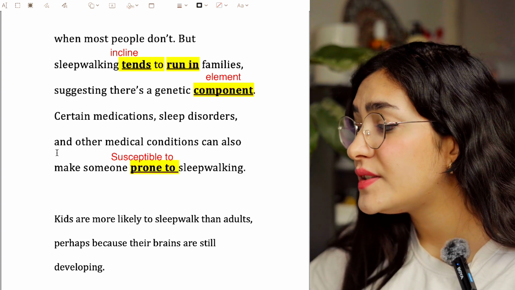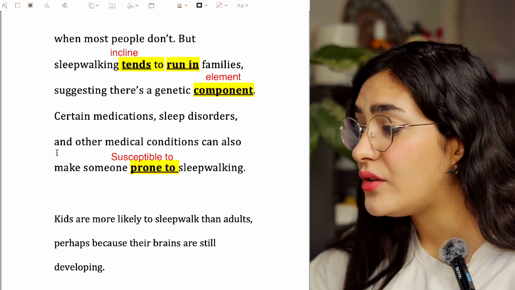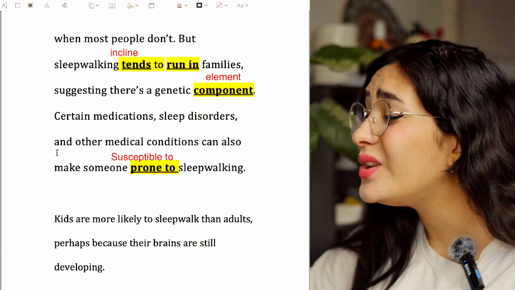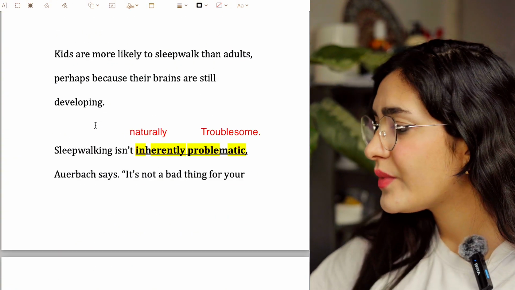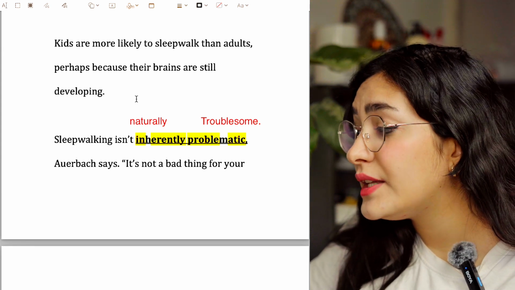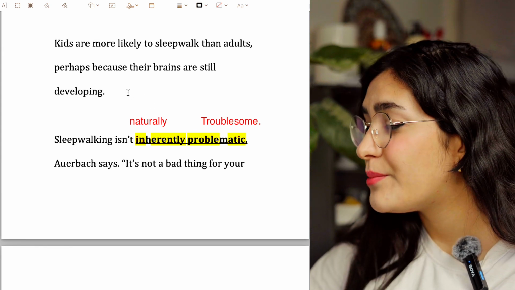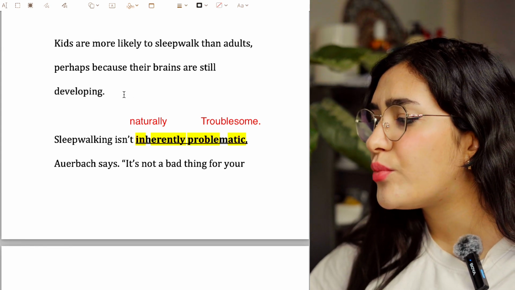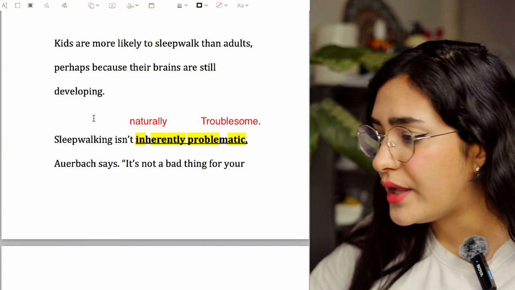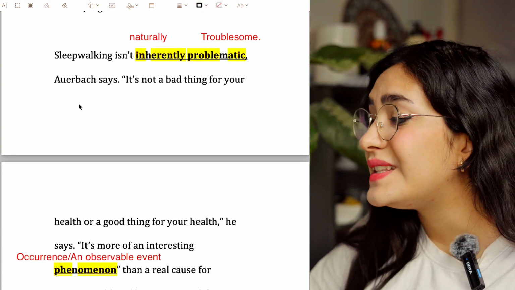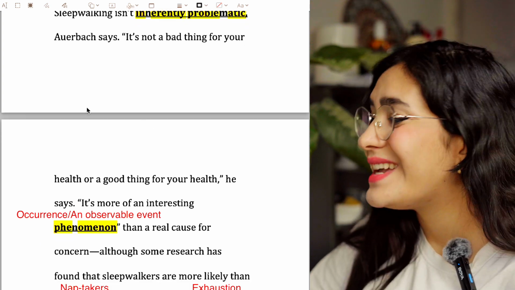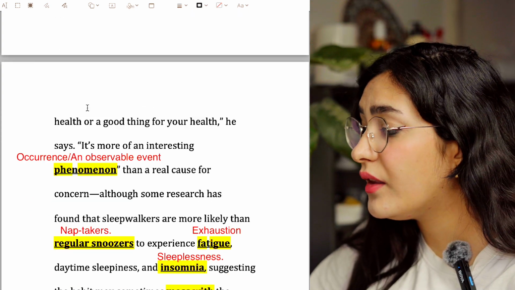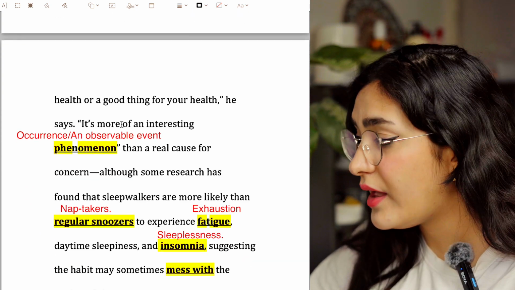Certain medications, sleep disorders, and other medical conditions can also make someone prone to sleepwalking. Kids are more likely to sleepwalk than adults, perhaps because their brains are still developing. Sleepwalking isn't inherently problematic. Arbesh says it's not a bad thing for your health or a good thing for your health.